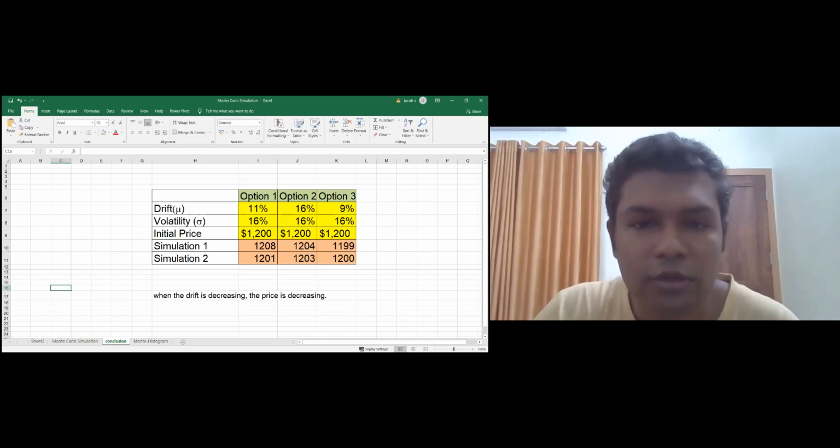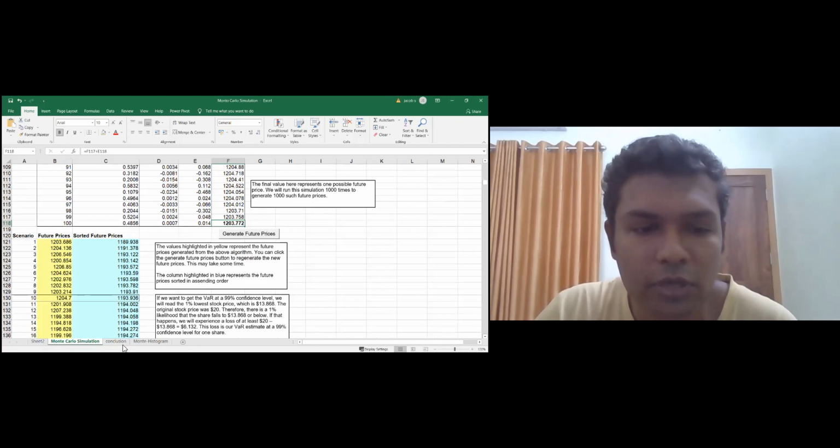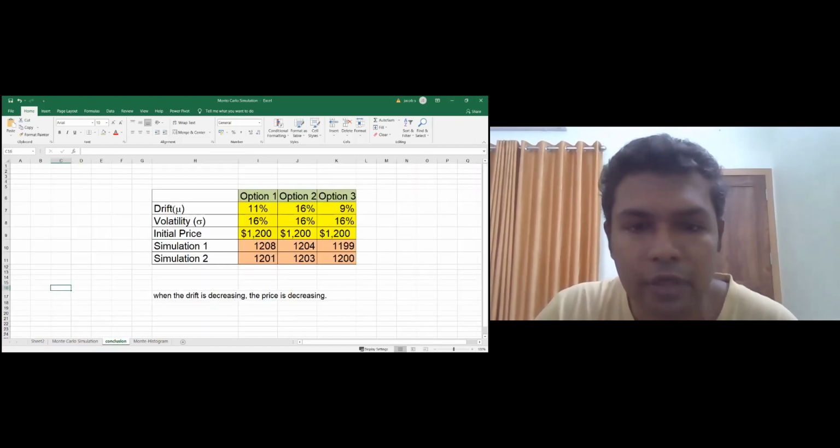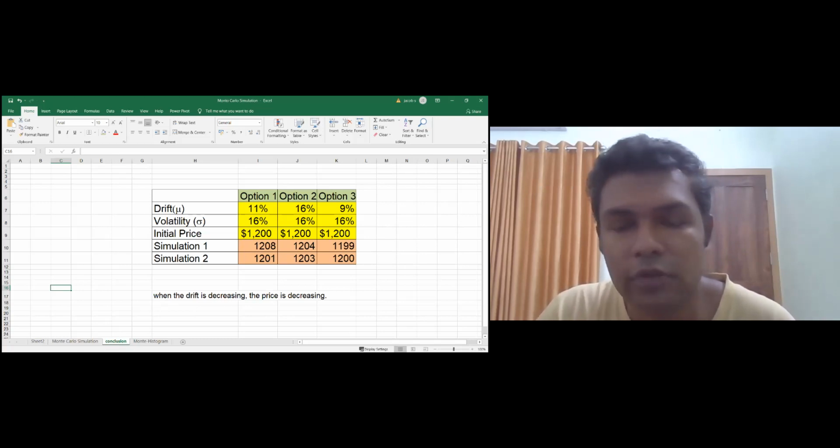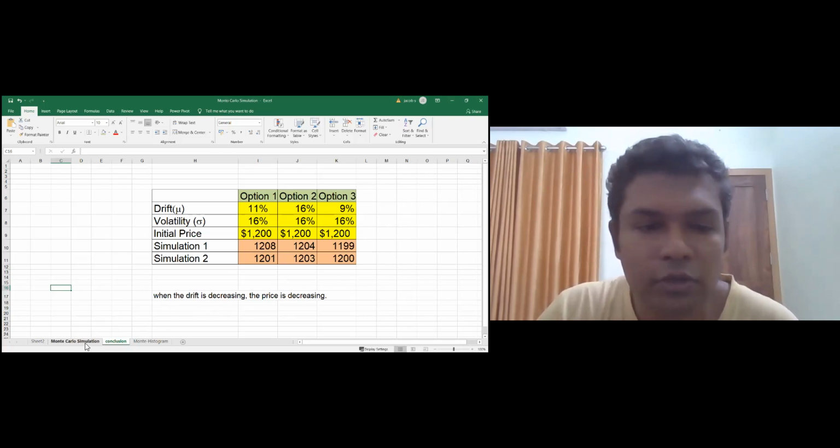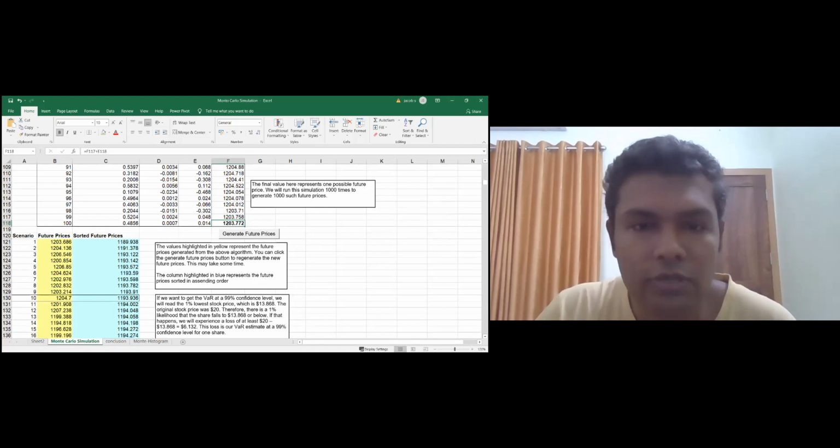So this is the calculation that we do in this Monte Carlo simulation, and the conclusion that we get is that when the drift is decreasing, the price is also decreasing. So it depends upon the stock price that I am taking, and it may give different results to different persons according to the values and the stock they are taking. So this is what basically the Monte Carlo simulation method gives.